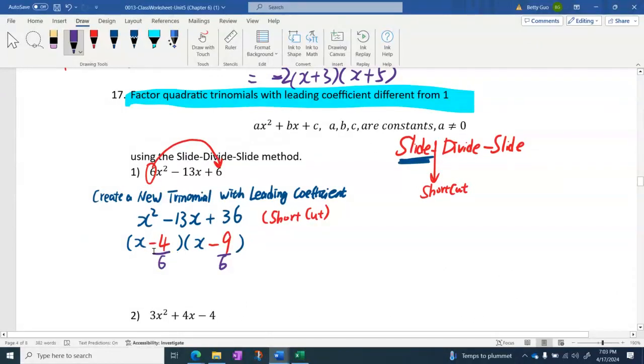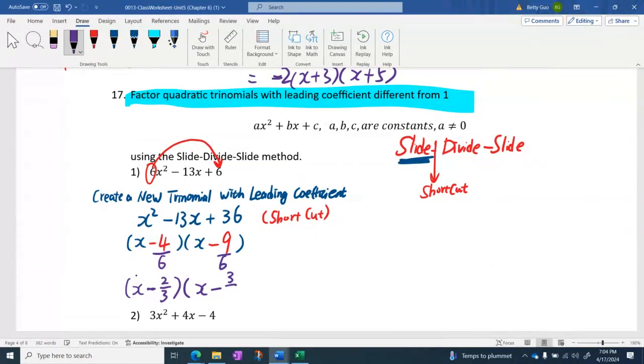Divide the two integers in red by 6. And then we simplify. Right after we divide, we need to simplify. We have negative 4 over 6, simplified as negative 2 over 3. And then negative 9 over 6, simplified as negative 3 over 2.